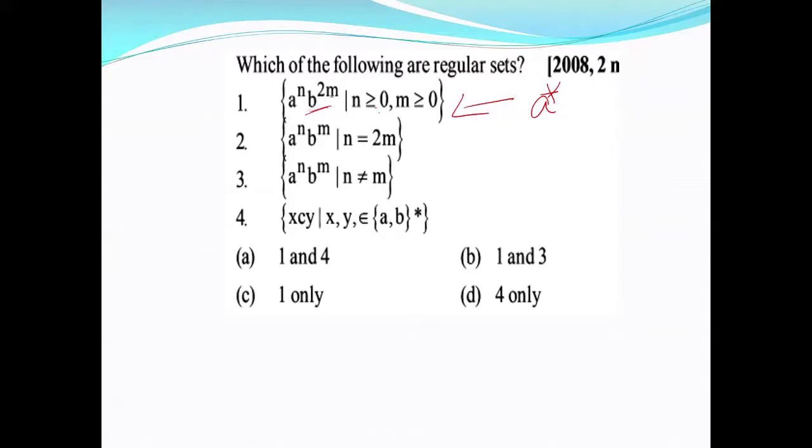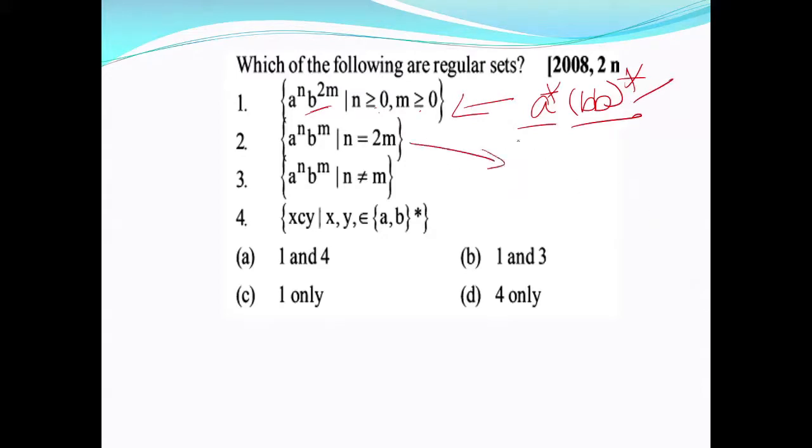Then B power 2m: m value is 0, no B's will be there. If m equal to 1, you will have B square, that is 2 B's. If m is 2, you will have 4 B's. That means the number of B's is even. So this is regular because I am able to write a regular expression.